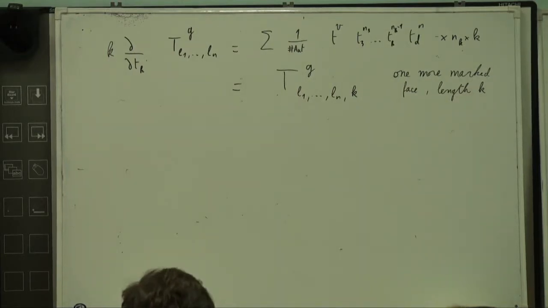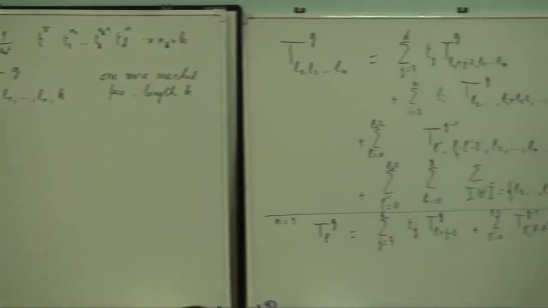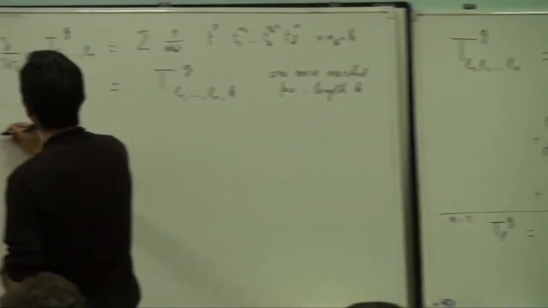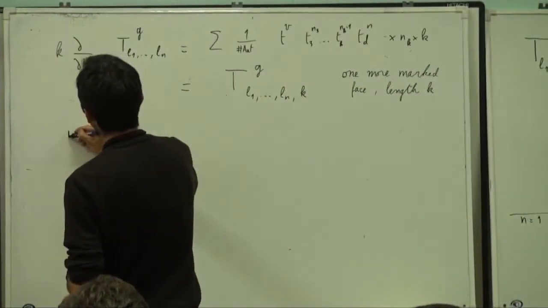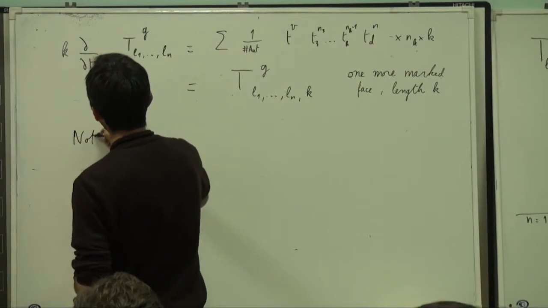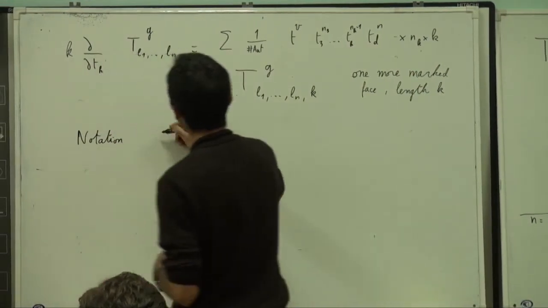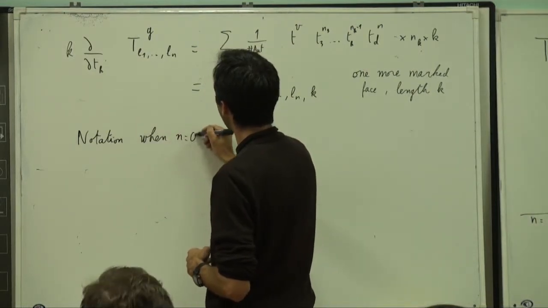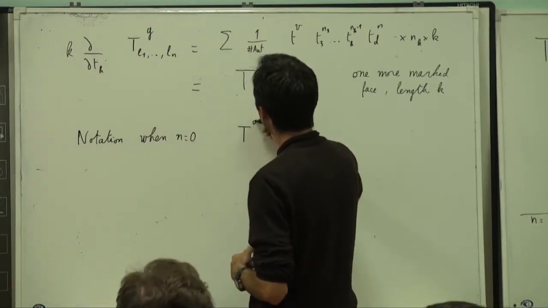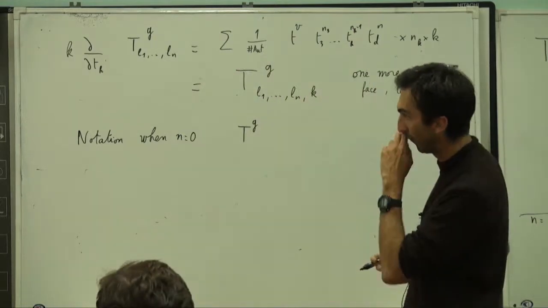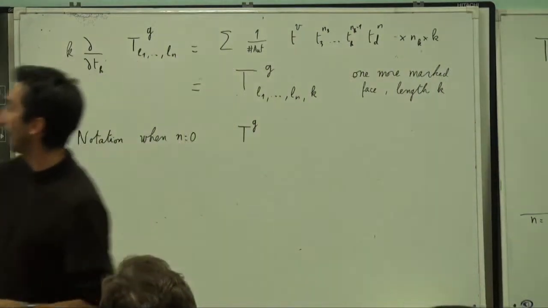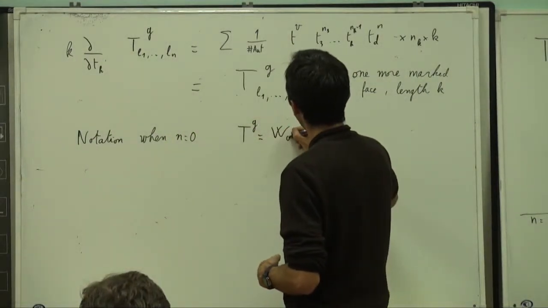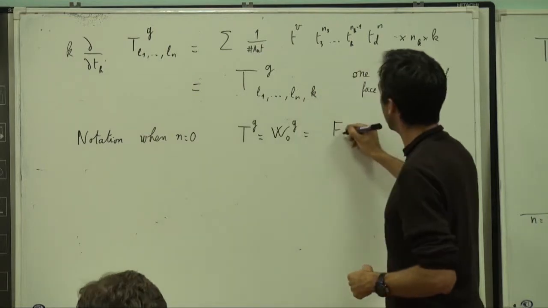So now let's look at this equation again, and let's write it in terms of derivatives. Notation: when n equals 0, what I call T_g was also the same thing. Since there is no denominator, it's the same thing as W_{0,g}. And let me call that F_g.